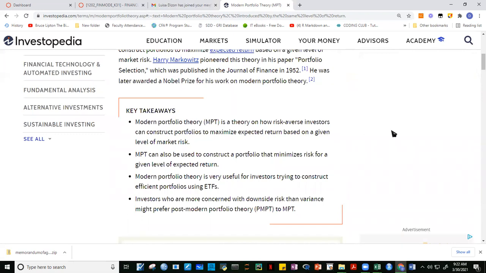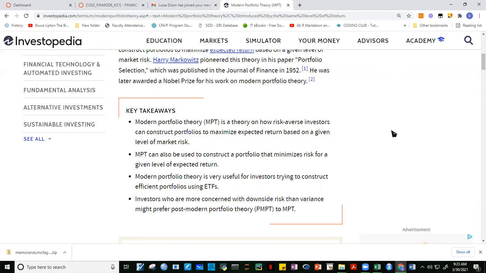So just quickly, it's a theory on how risk-averse investors can construct portfolios to maximize expected return based on a given level of risk. So if you're only willing to take this amount of risk, how will you construct your portfolio so that you're optimizing or maximizing your returns? Or pwede rin, kunyari walang amount ng risk, paano ko ma-maximize yung return ko?